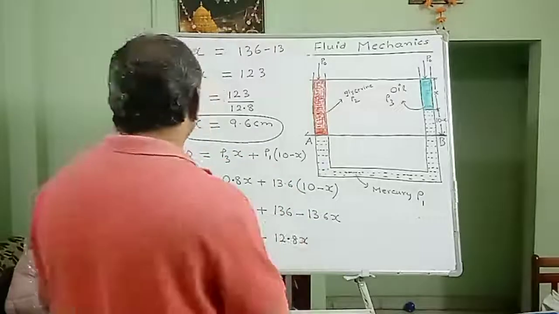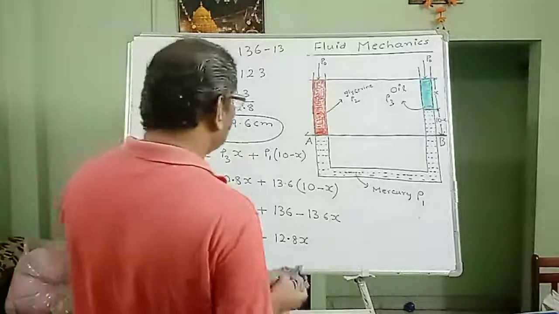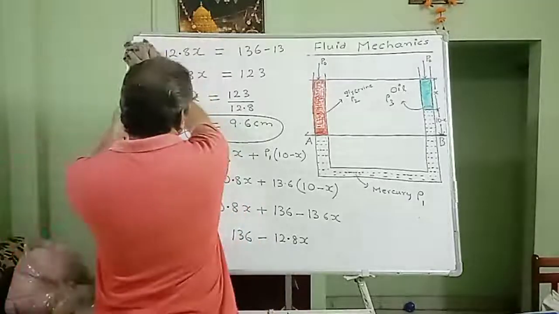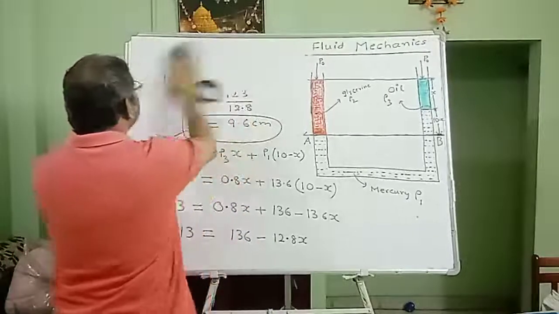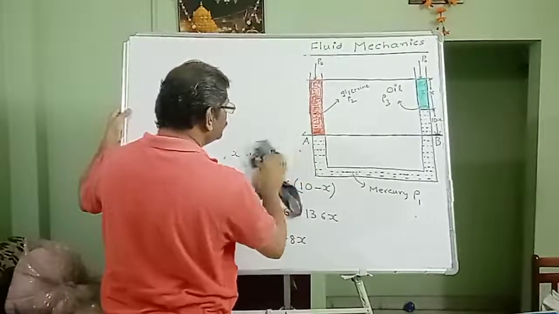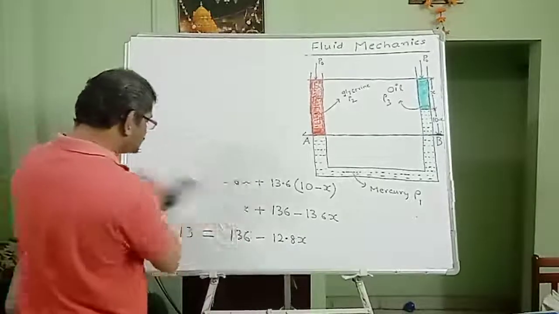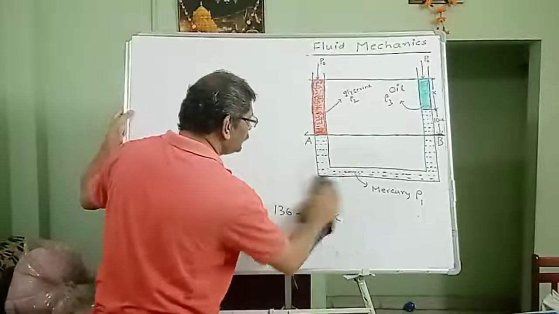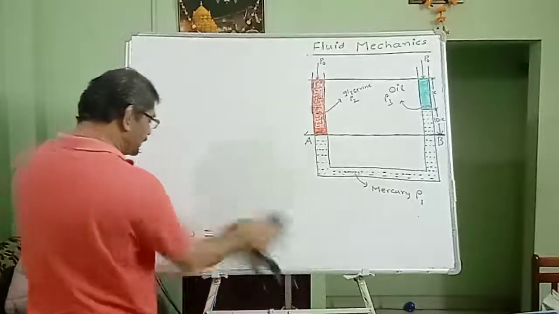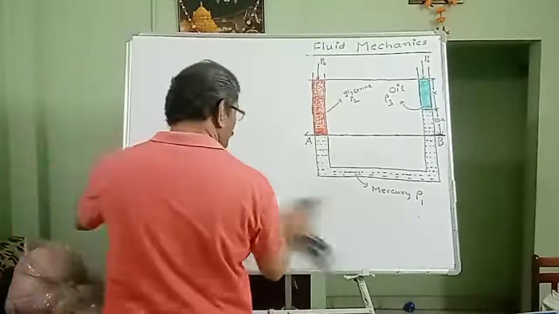So now similarly, if we have taken this problem, let us come to one more numerical problem. Now I will make it here itself. Let us come to the next problem, problem number 2.